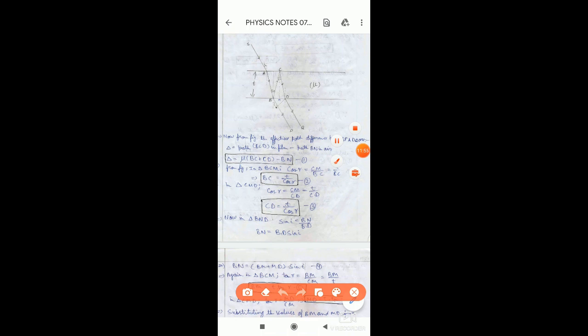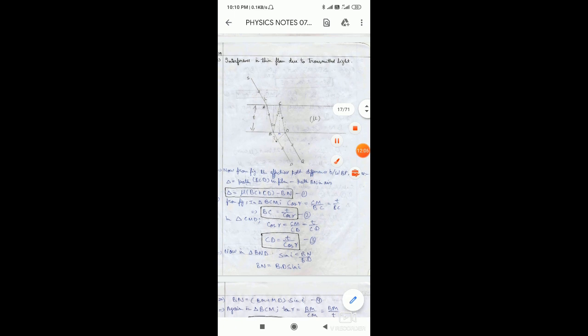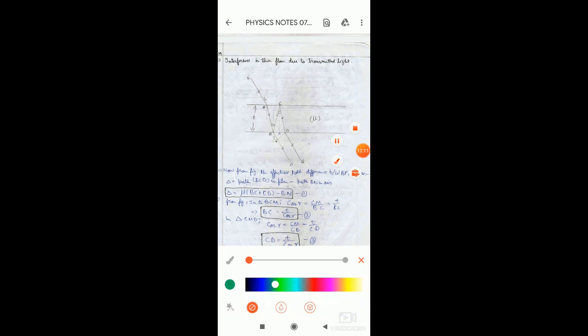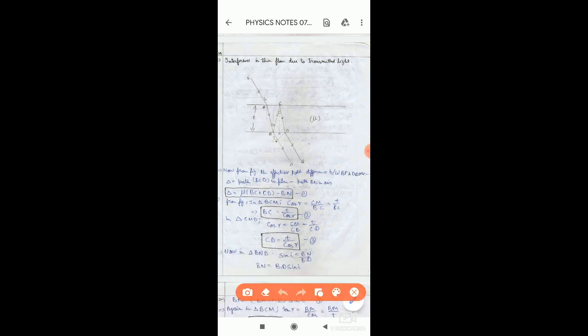Now we will discuss the next condition: interference due to transmitted light.